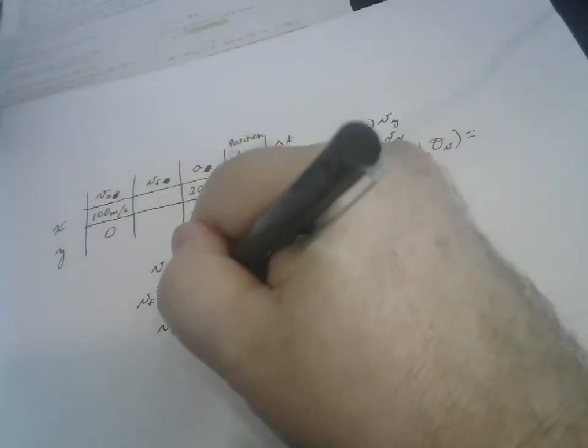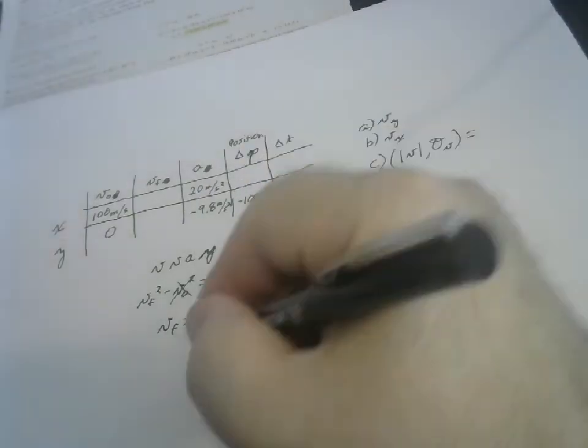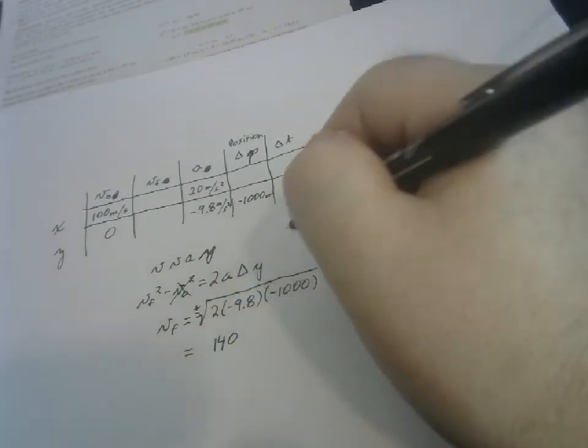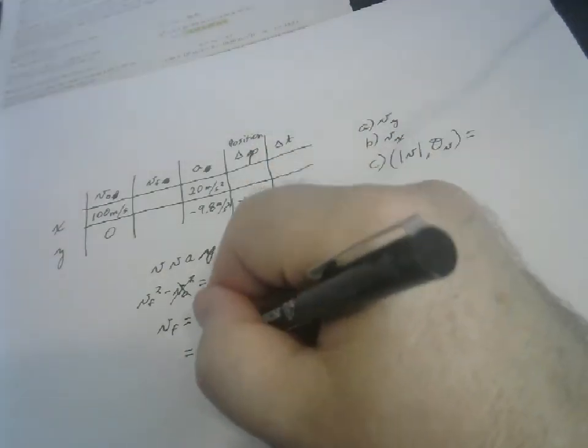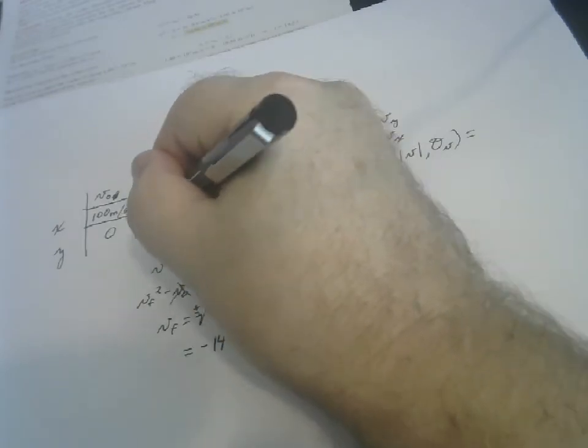And we should keep in mind that there's a plus or minus here when we take the square root. And it comes out to be 140. And the domain here is the negative numbers because this rocket is going to be falling.